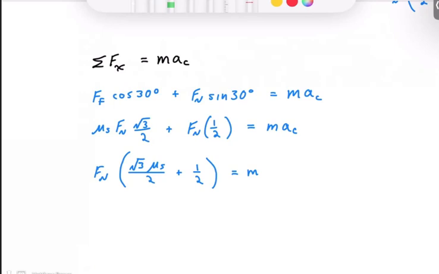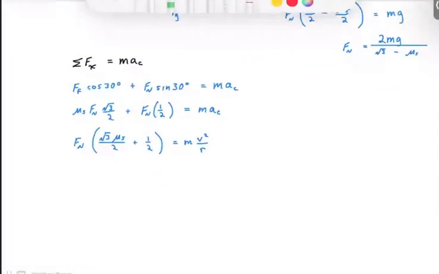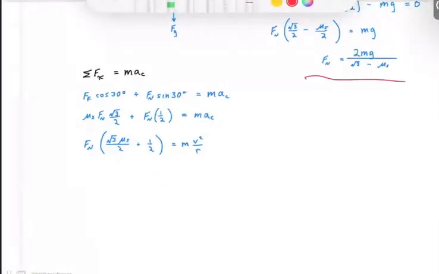A little bit of math, but I suppose at any point there I could actually replace, since it's centripetal acceleration, with v squared over r. And have I got room down there? Yes, I do. Now I've already, on the other side, worked out an expression for the normal force, so I can replace that in the other one.